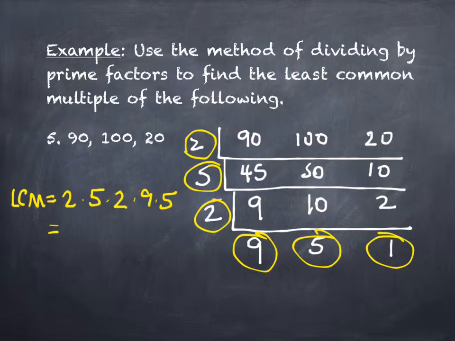All right, so what's 2 times 5? 10 times 2 is 20, so this is 20 times, and then 9 times 5 is 45. So you have to take 20 times 45, and somebody's going to do that for us. It's 900.